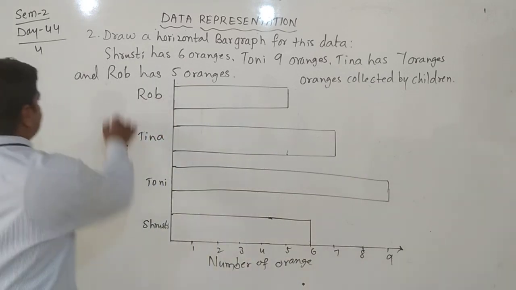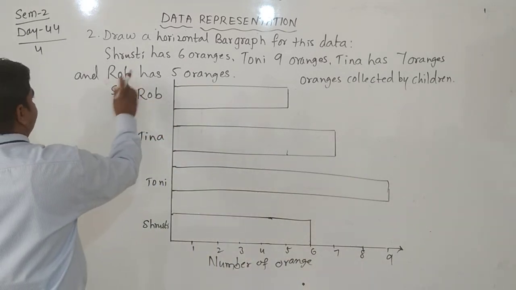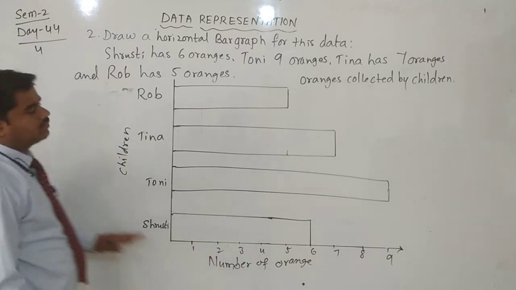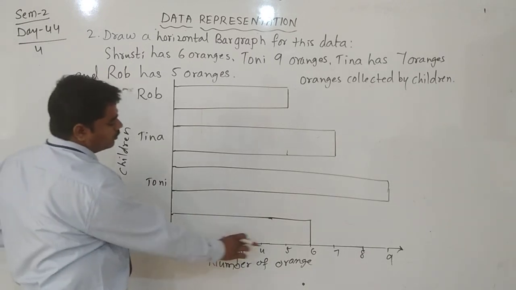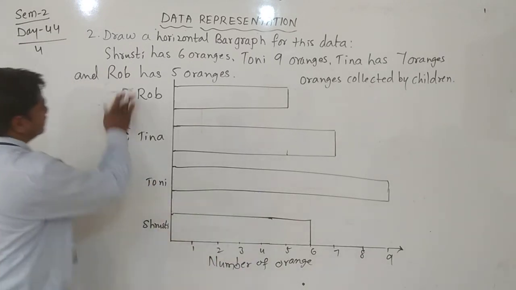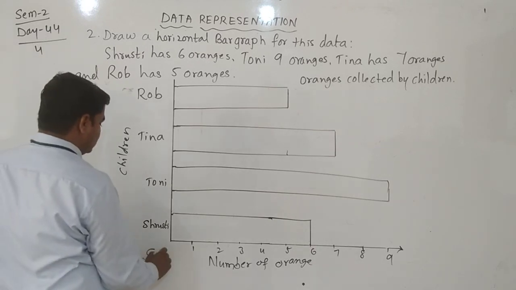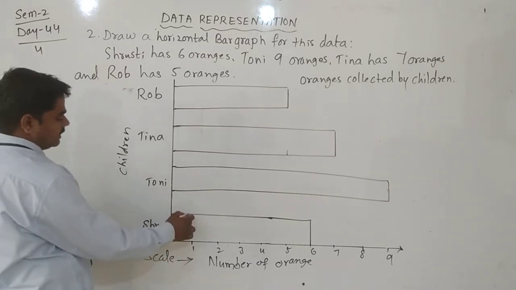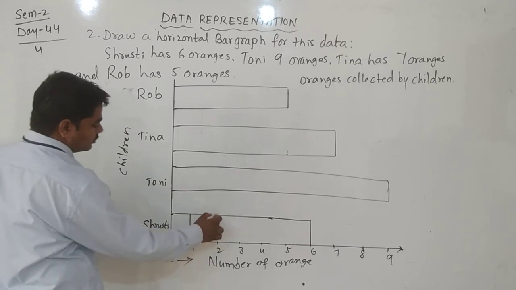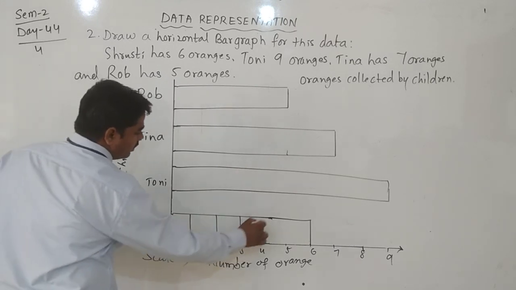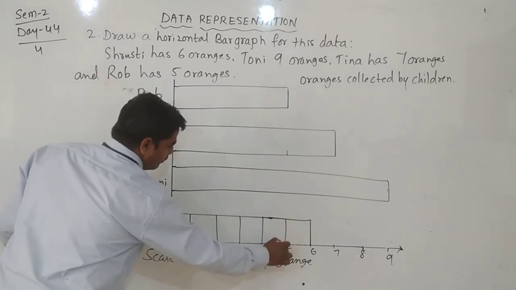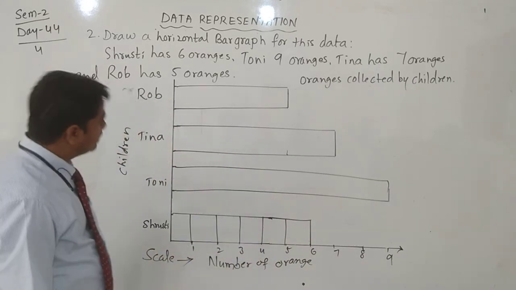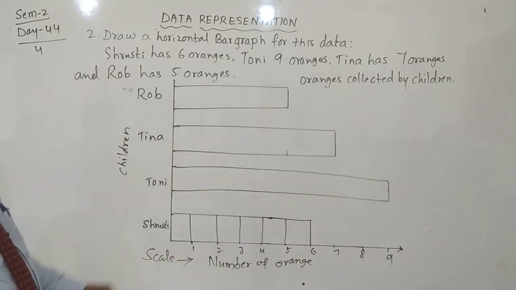Scale: here there is 1 to 9. 1 bar is equal to 1 orange. Here we can write the scale: 1 bar is equal to 1 orange. Total number of bars here for 6 oranges is 6 bars. Clear? Write down this one.